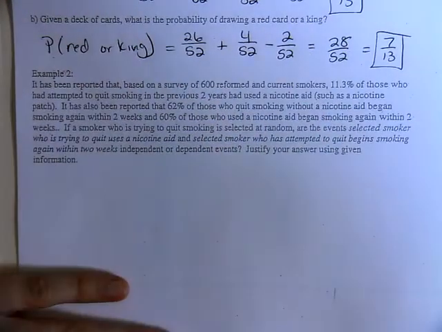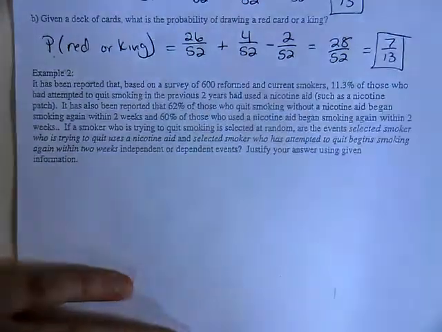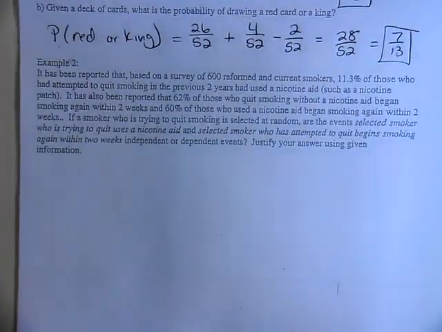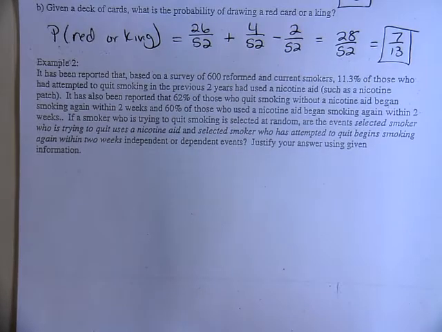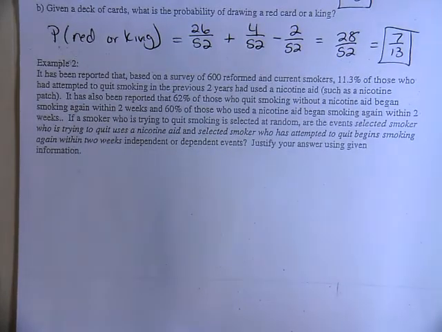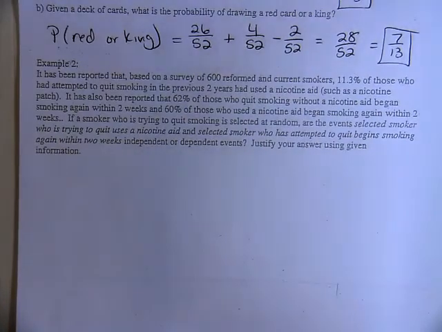Here's another one. We're going to do a conditional probability with a tree diagram. It's been reported that based on a survey of 600 reformed and current smokers, 11.3% of those who have attempted to quit smoking in the previous 2 years have used a nicotine aid. It has also been reported that 62% of those who quit smoking without a nicotine aid began smoking again within 2 weeks, and 60% of those who used a nicotine aid began smoking again within 2 weeks.